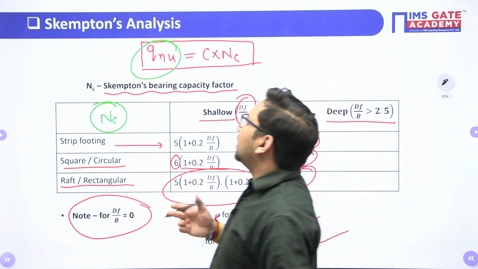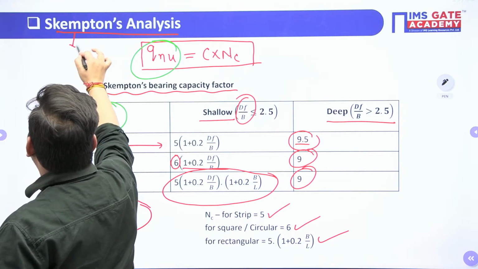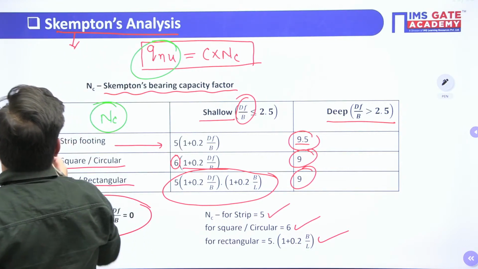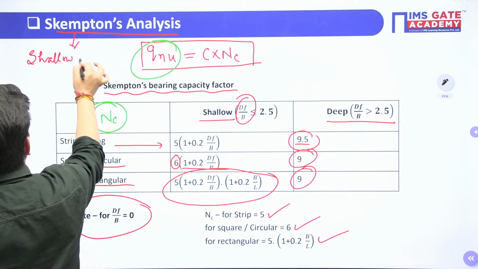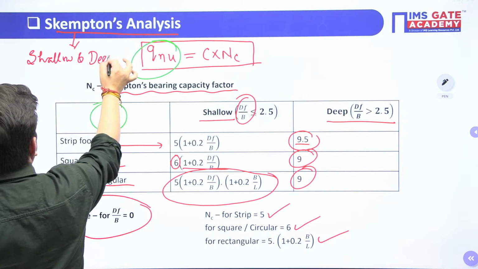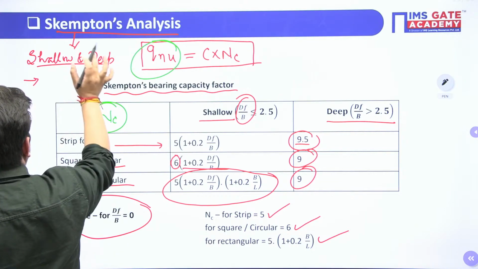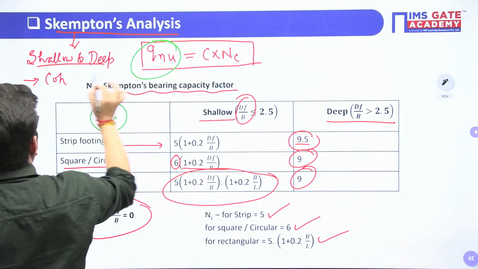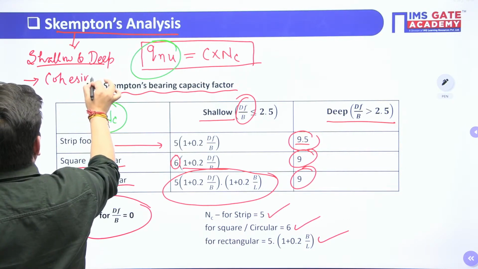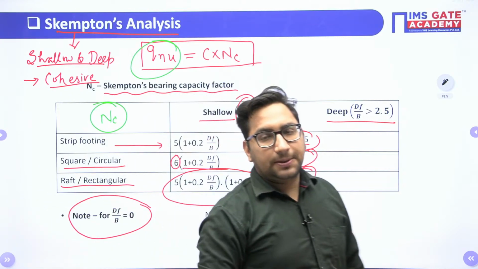This analysis of Skempton is valid for both shallow and deep foundations. Also, this analysis is only valid for cohesive soils, as you can see the cohesion value. It is not valid for cohesionless soil. Clear?